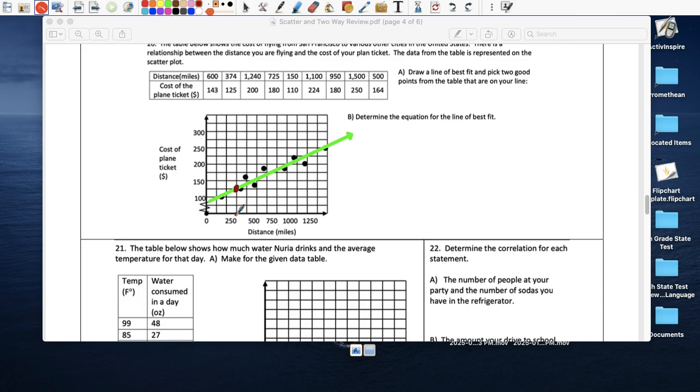Is that 250? Is that 500? I think that's 750. That's 1,000 over here. And this is 1250. I hope I'm reading that right. Give me one second.